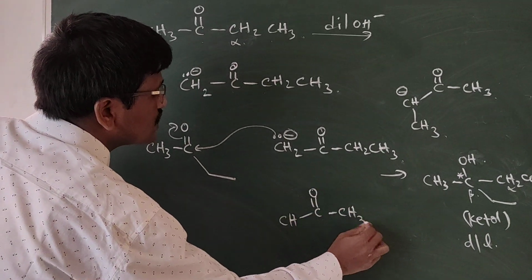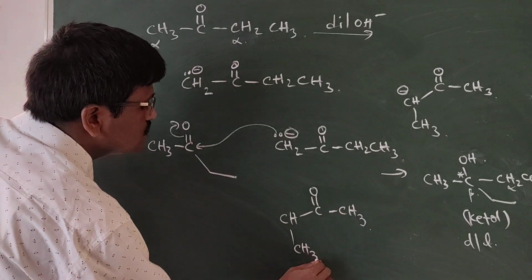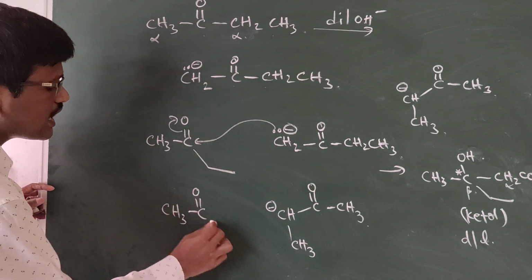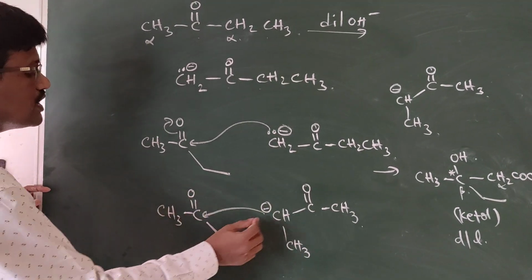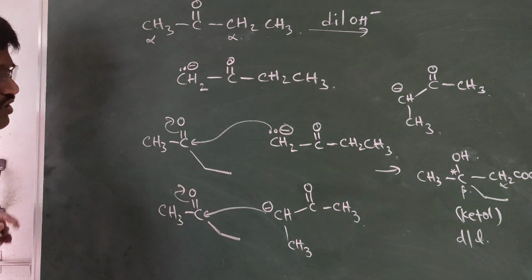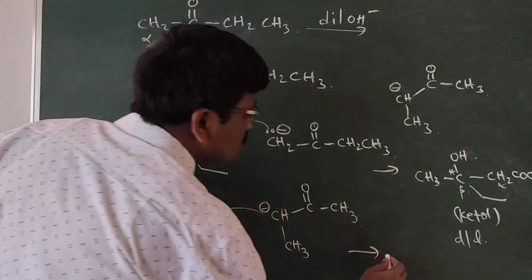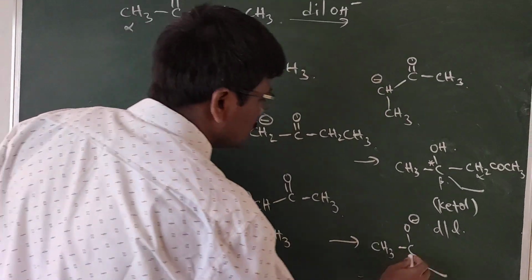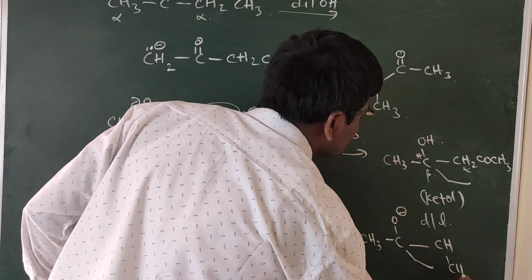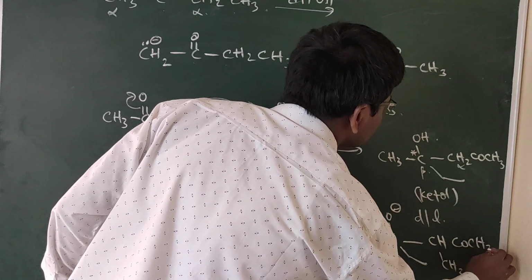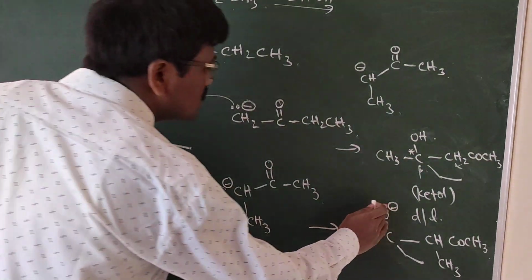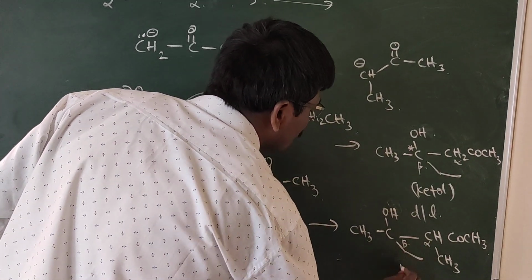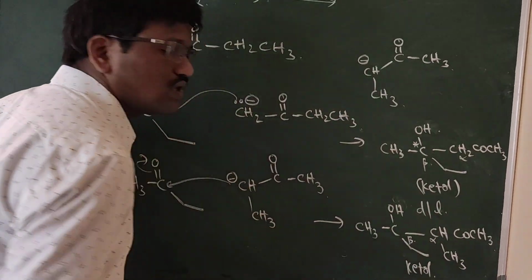Next, suppose we take the other enolate ion. This enolate ion attacks another molecule of ketone. The pi electrons are transferred to the oxygen, and we get CH3 CO minus. This is the ethyl group, and this is CH3 CO CH3. After getting a proton from water, this O minus ion becomes OH. So this is also a beta hydroxy ketone, an aldol.